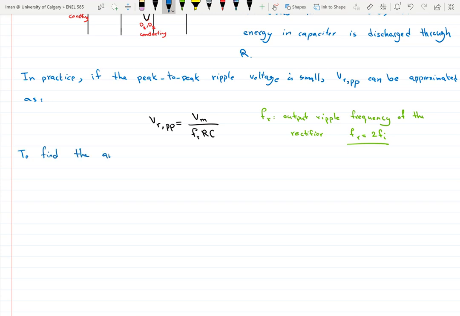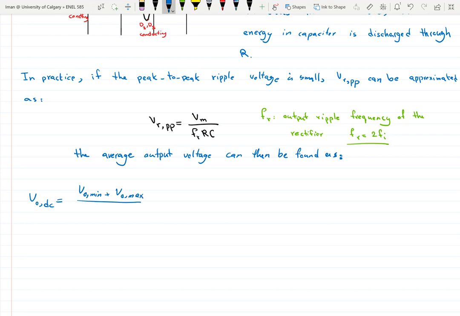Okay, now the average output voltage can be found as V out DC would be V_R minimum plus V max divided by 2. Our V max is actually equal to Vm, right?